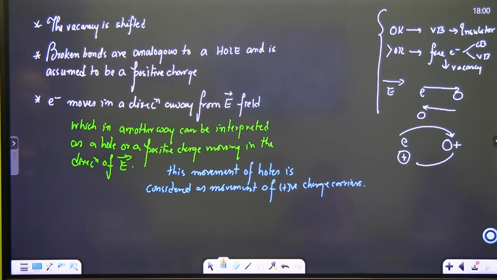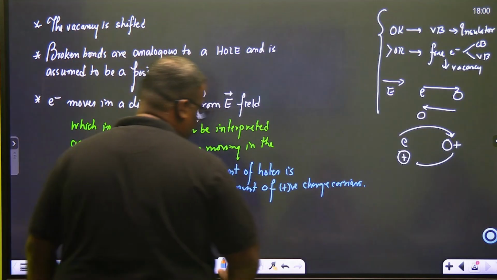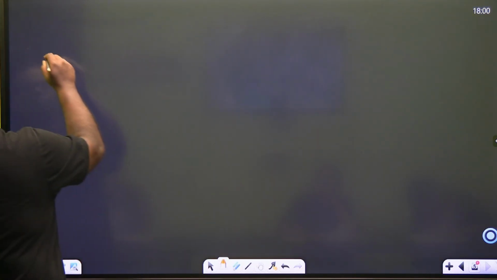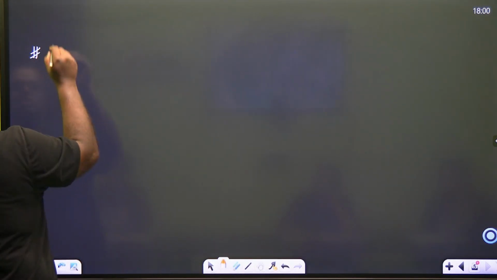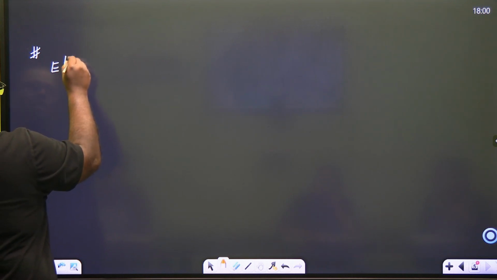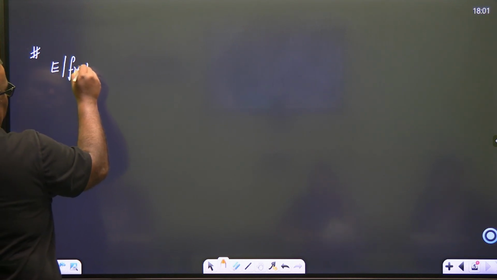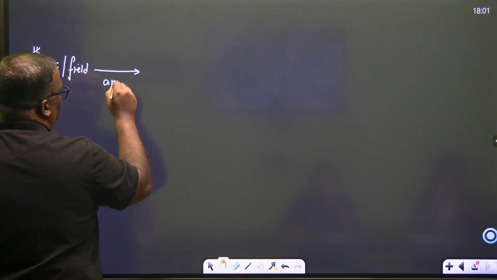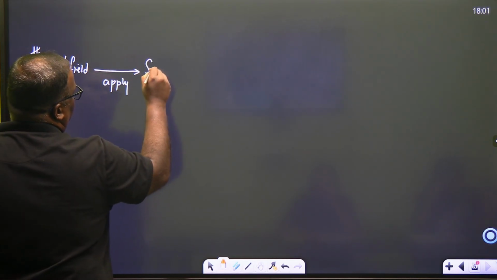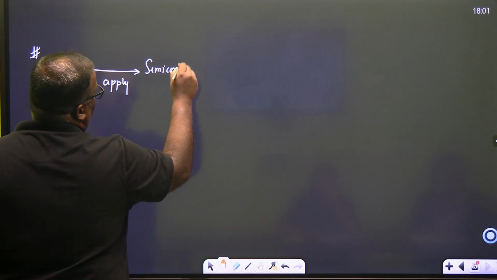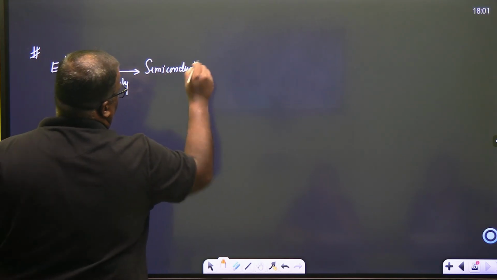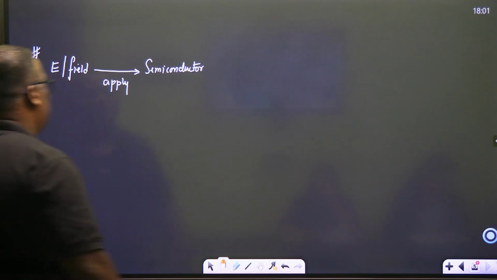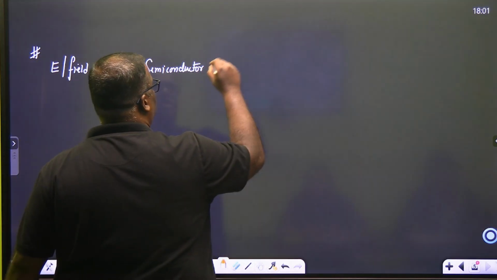Is this much understood? Now we're going to summarize all these things. So let's put this into summary. This is important, okay? This is the crux. If you take an electric field and apply it to a semiconductor at room temperature, two things can happen.